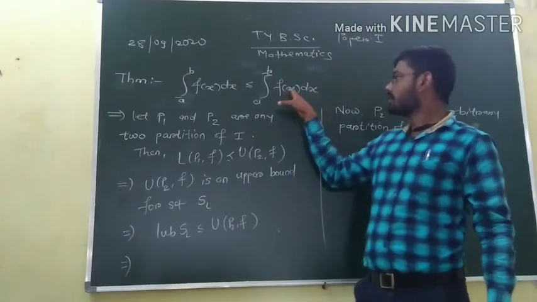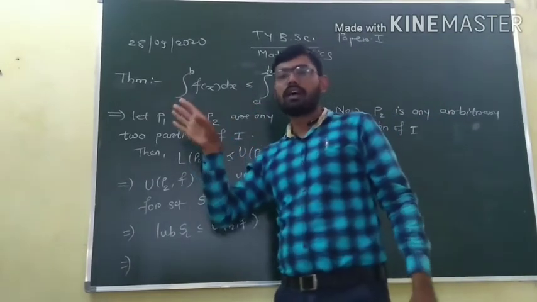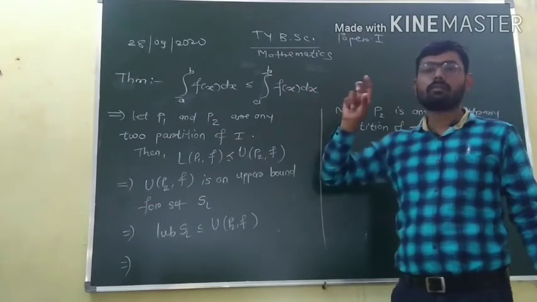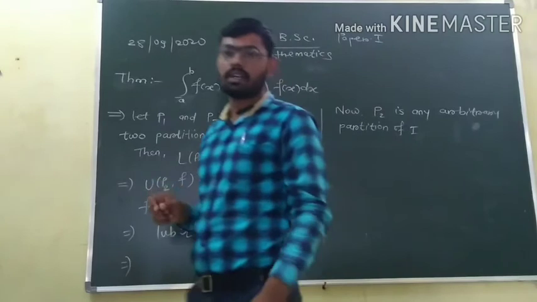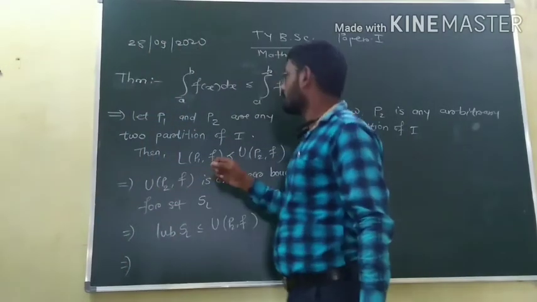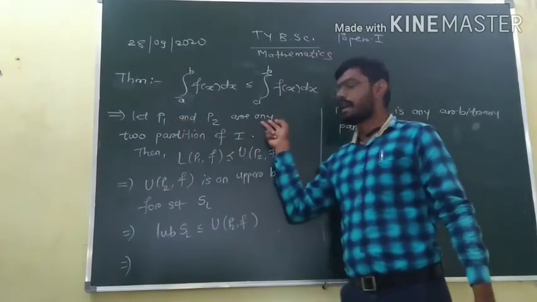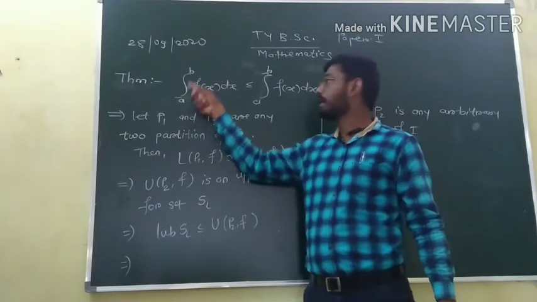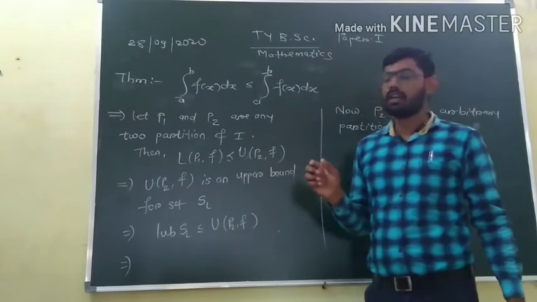Again, we can prove this using the condition of lower sum and upper sum. So let P1 and P2 be any two partitions of the interval I, which is the closed bounded interval a to b.